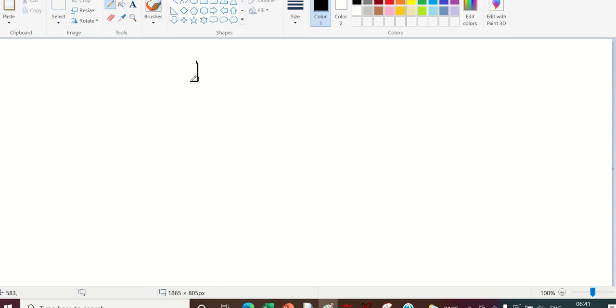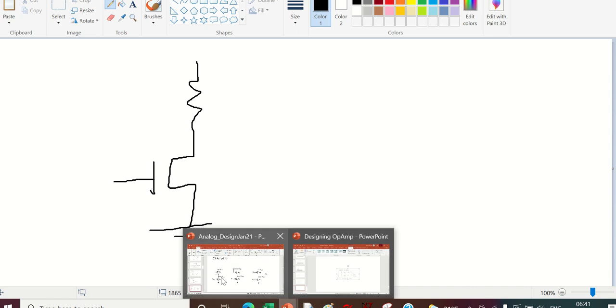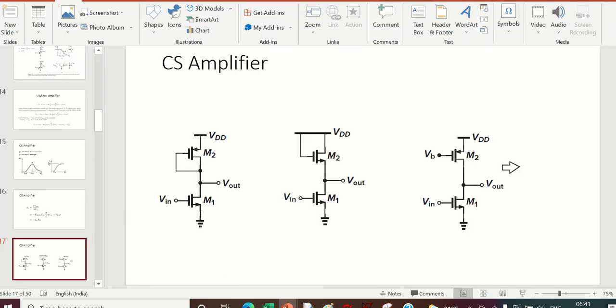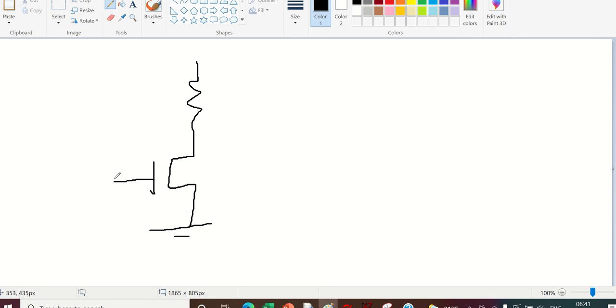So what is this amplifier? Let's see. If this is your ground, this is your V in, this is your V out.